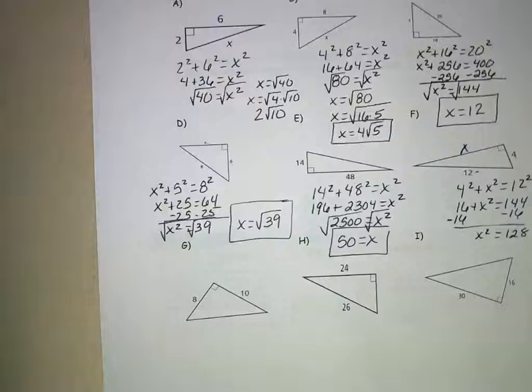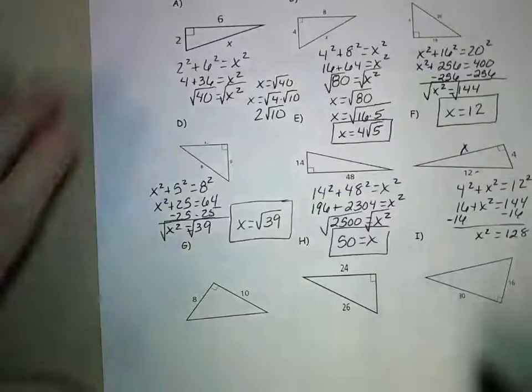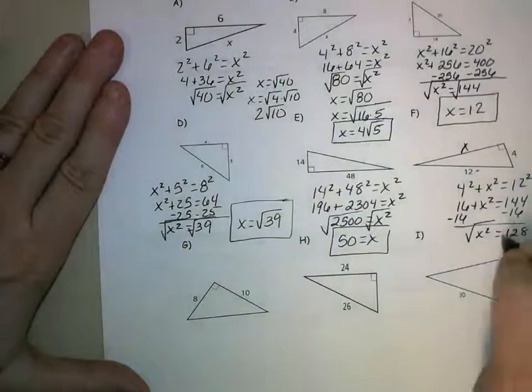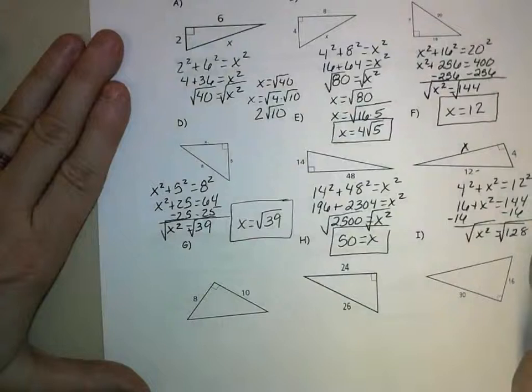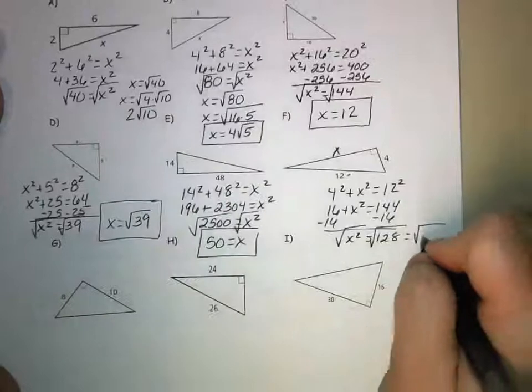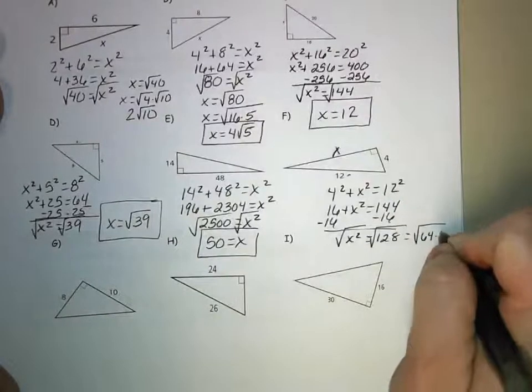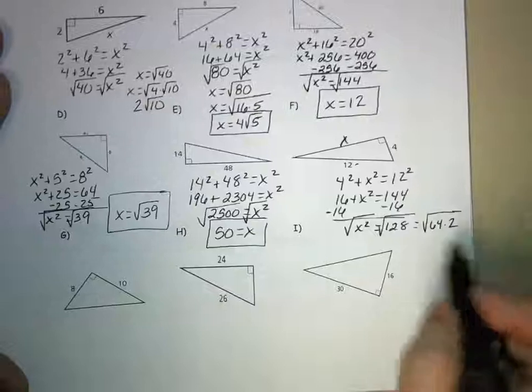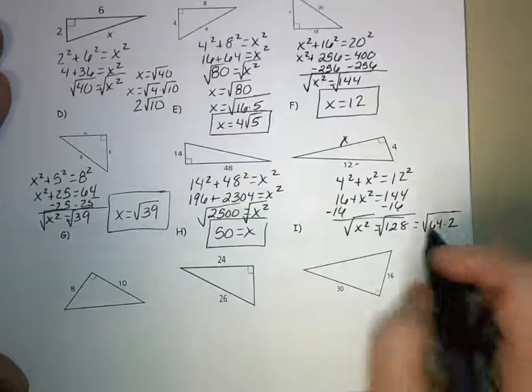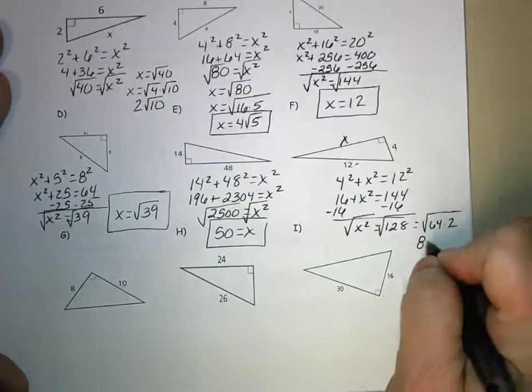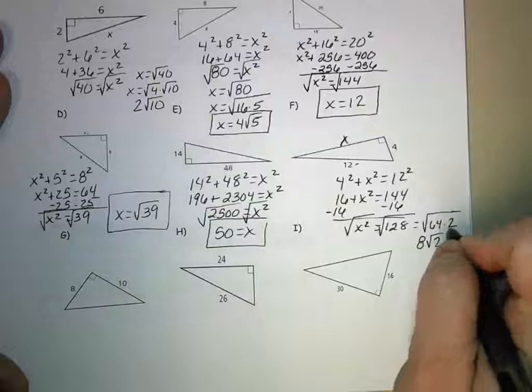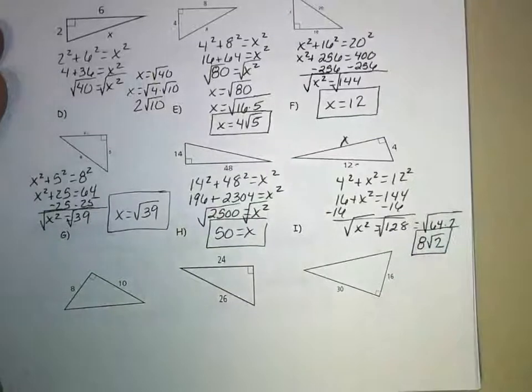When we square root this, that will become the square root of 64 times 2. And 64 is a perfect square, so you have 8 square root of 2.